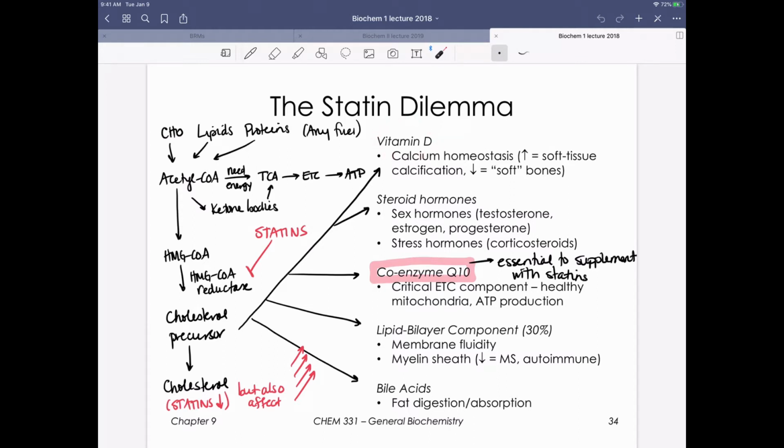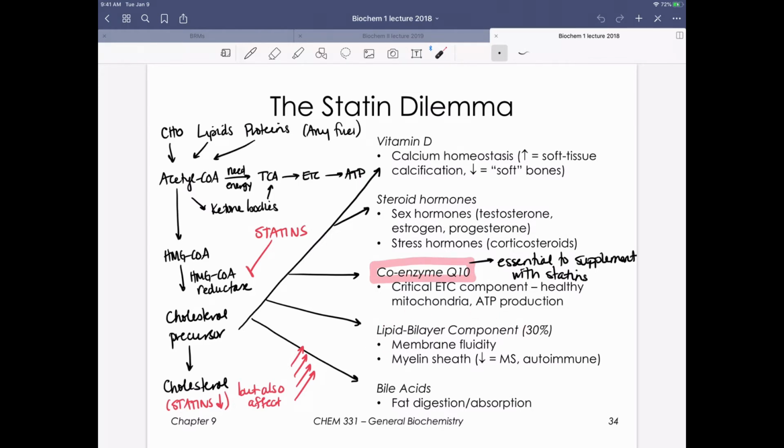Vitamin D is synthesized from a cholesterol precursor. Again, we talked about the importance of vitamin D for calcium homeostasis, right? Then the steroid hormones that we just talked about on the last slide: testosterone, estrogen, all of your corticosteroids, your stress hormones, and progesterone, another important sex hormone. We'll deal with our hormones in our last learning unit in Biochem 1 here.